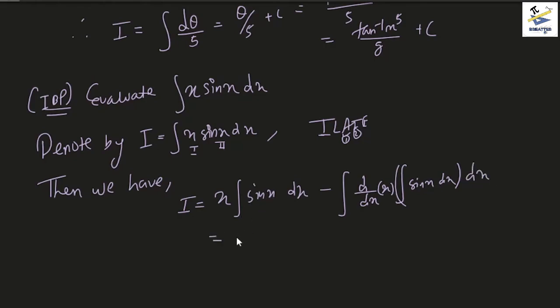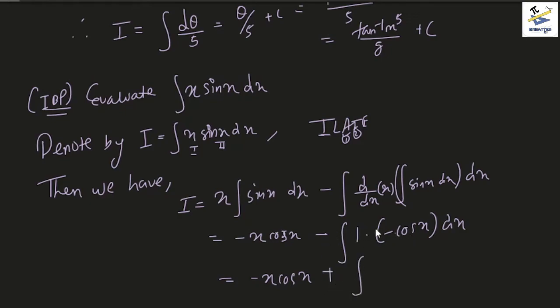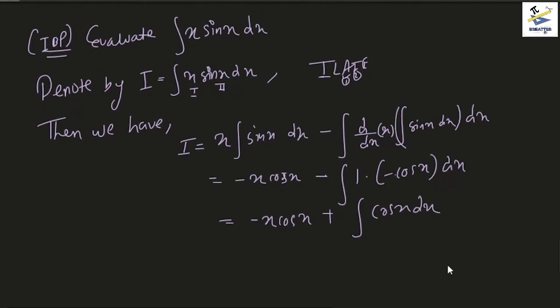Now integral of sin x is minus cos x, so this is minus x cos x, minus d dx of x is just 1, and integral of sin x is again minus cos x, right? Then as you can see, it simplifies considerably into minus x cos x, and this minus makes it a plus, and 1 into cos x is cos x dx, and you do know the integral of cos x dx, which is just sin x, right? So the answer is minus x cos x plus sin x plus c.